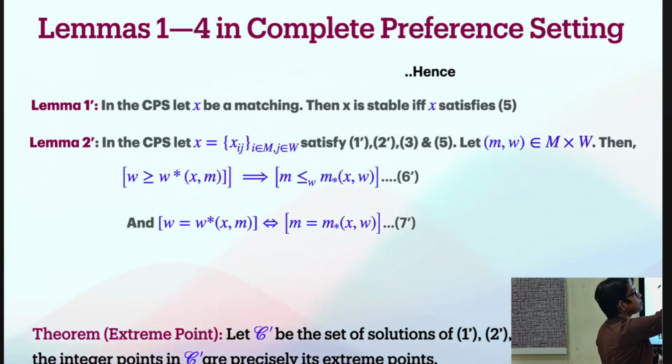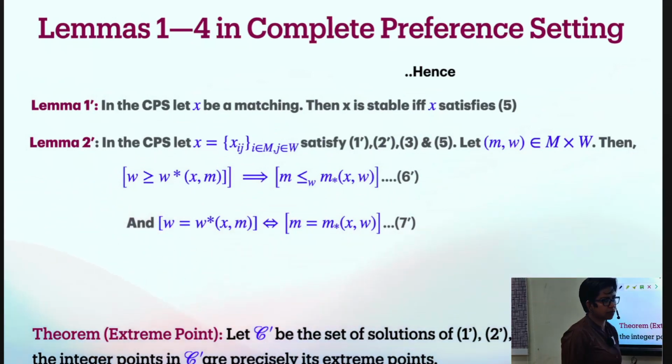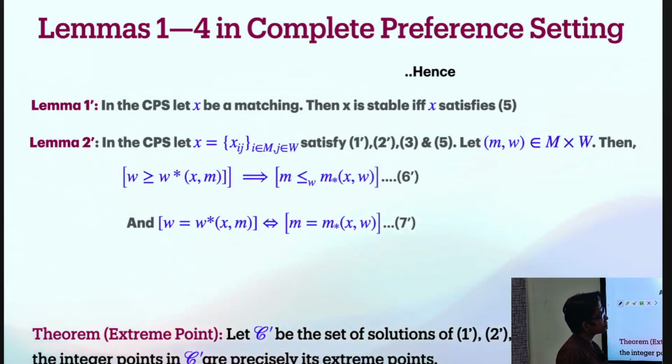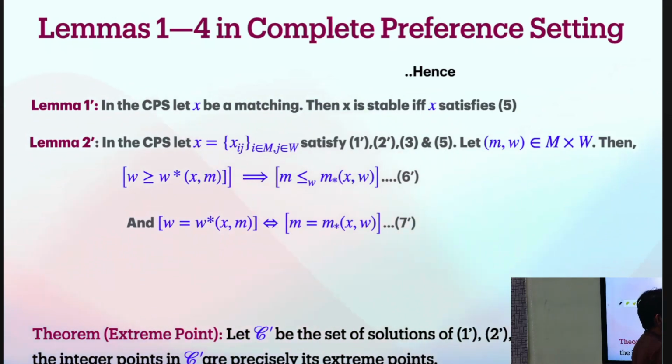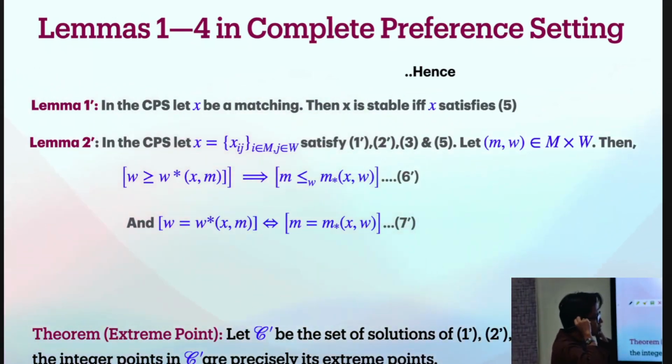Yes, this subscript just means that from the men's perspective, this woman W is better than whoever is his match partner in the matching X. The star in superscript means the best partner among whoever is assigned, and the subscript star means the least preferred partner. Maybe I didn't mention that before.